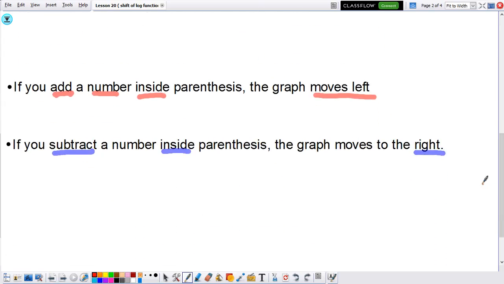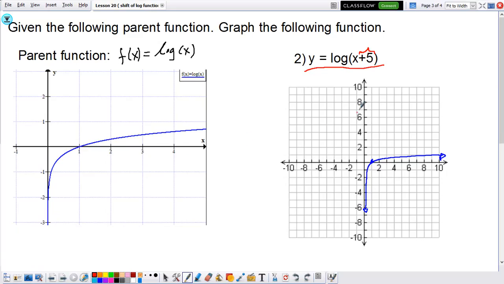When it comes to inside the parentheses, if you're going to be adding inside the parentheses, then that's going to have a shift to the left. So now we're going to get our original graph here, and I'm going to choose this point. I'm going to move this point 5 units to the left. So that's 1, 2, 3, 4, 5. Here it is. Just copy the shape.